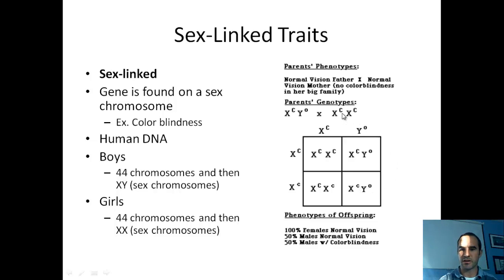If you look at the writing up here, they could have done a better job putting a lowercase c. But when we go back to our cross and our offspring, we've got half the males having normal vision, half having color blindness. And that's the end of the presentation.